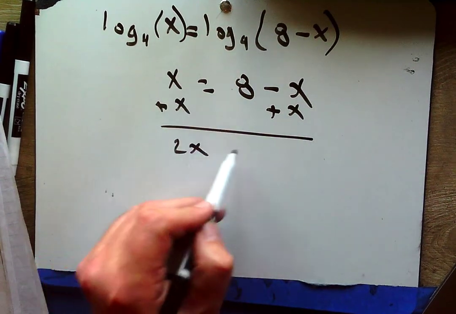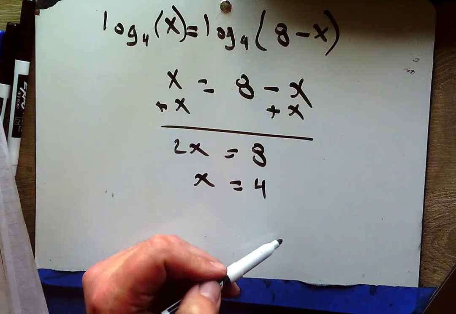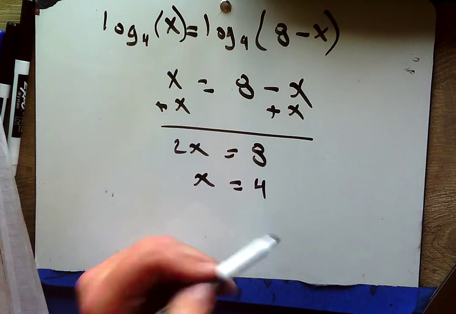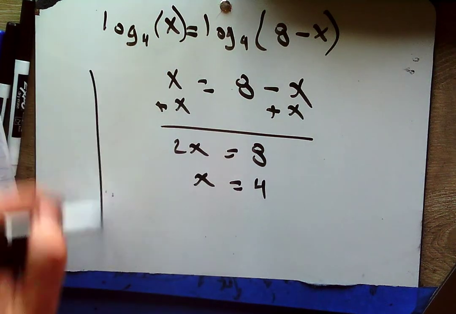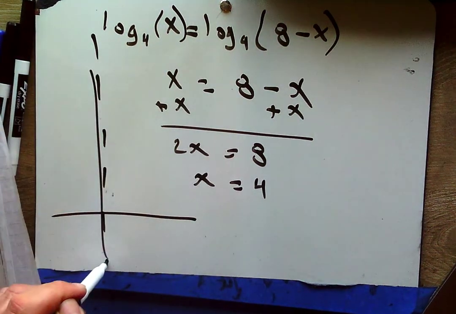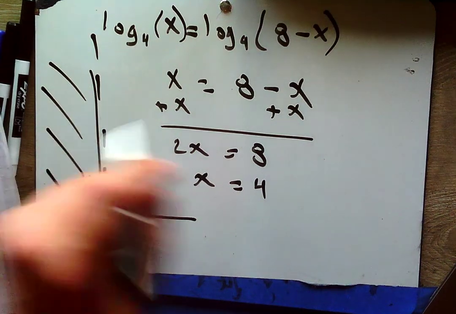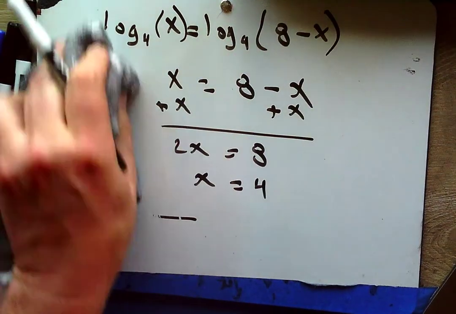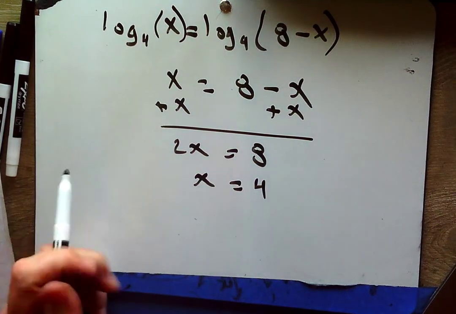I can certainly solve this equation this way. But remember that log graphs have this big old vertical asymptote and don't exist generally over here. Log equations are always must checks.